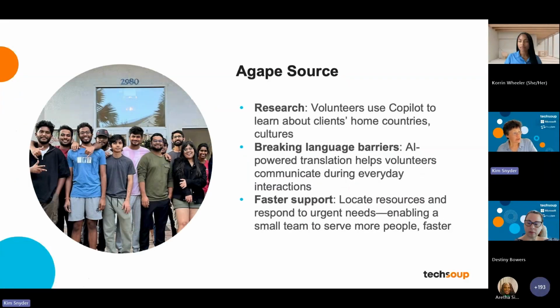This is a nice story about a group of volunteers. It's a small group of volunteers who help people who are new to this country with language, right? They all speak different languages, and it's helping people adjust. It also helped the volunteers get to know some things about the places where these people had come from.